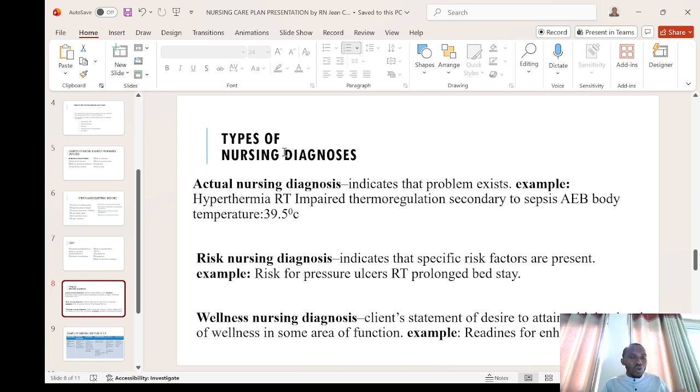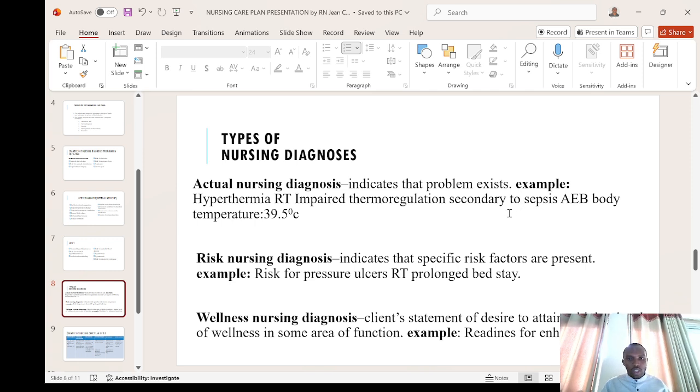What were the causes of this hypothermia? Here on related to, you show the cause. What is causing this problem to happen? It is impaired thermoregulation. So this impaired thermoregulation, it is due to what? It is due to sepsis. Maybe there is a blood culture done. Maybe there is another investigation done like CRP and full blood count, and it shows that there is ongoing sepsis.